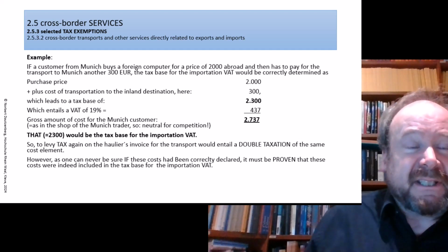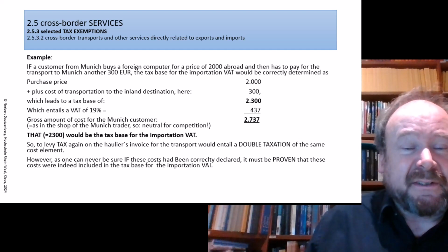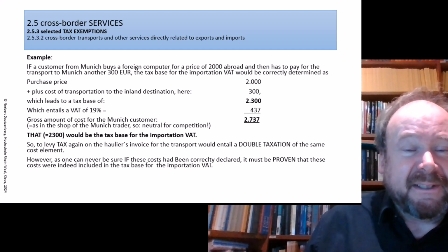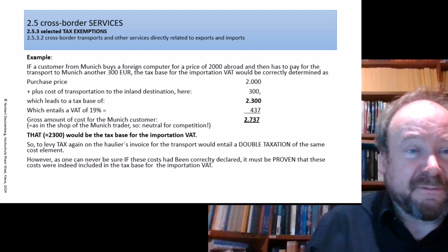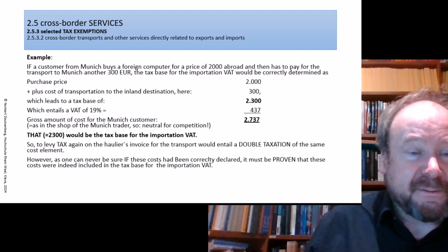So if it can be proven that these costs have indeed been included in the price for the importation VAT, then the haulier's transport from the border to Munich is, although it is taxable under 3B1 or so, free of tax.